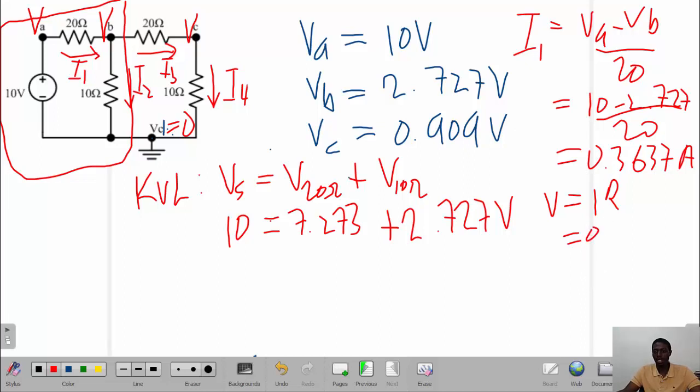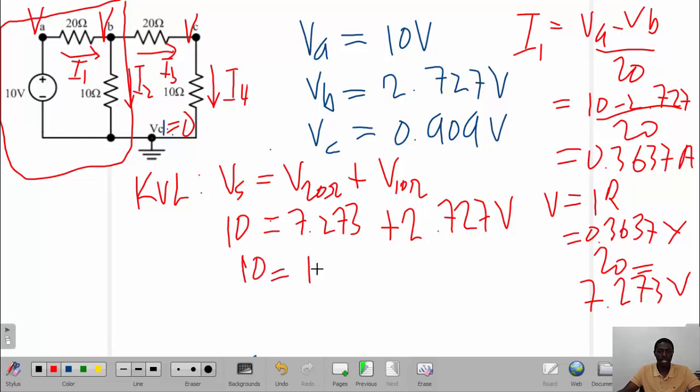And when we do that, 0.3637 multiplied by 20 gives us 7.273 volts. And when we add these two, it gives us 10 equal to 10, which proves that this calculation is correct.